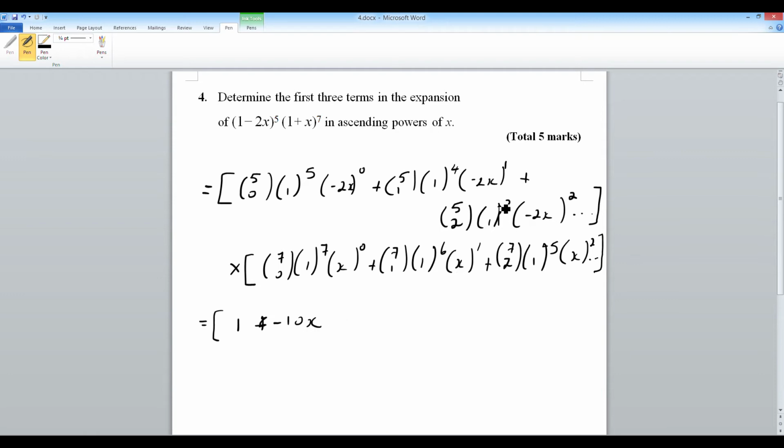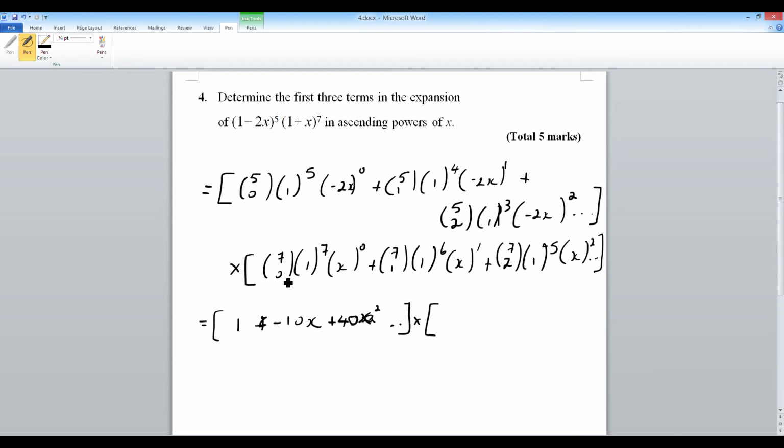And then for my last term here, the combination 5C2, if you use Pascal's triangle, you would have seen that this value here is 10. So we can say here 10 times 1 multiplied with (-2) squared, which will become 4. So 10 times 4 will give me 40. So plus 40x squared. And of course there are other terms, but we're not interested in them.